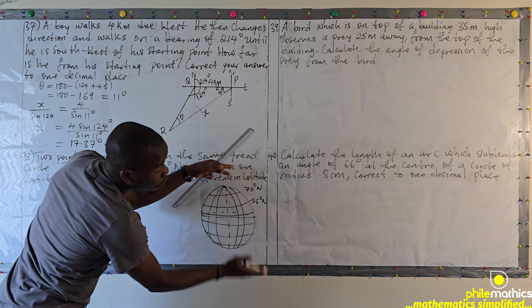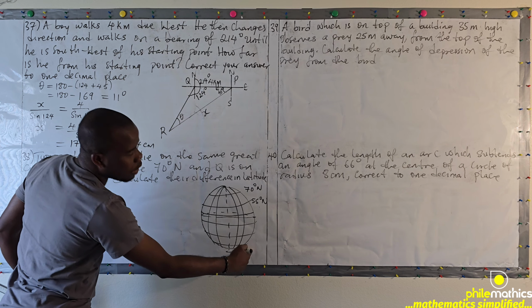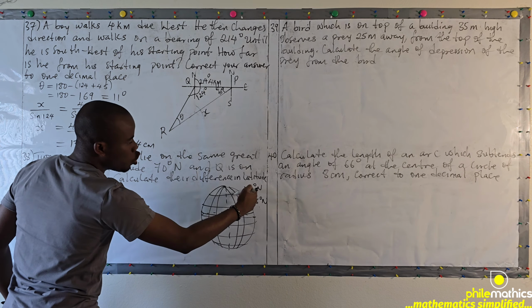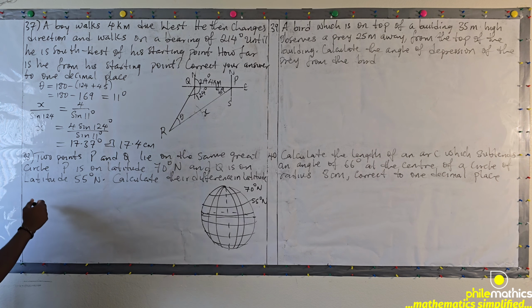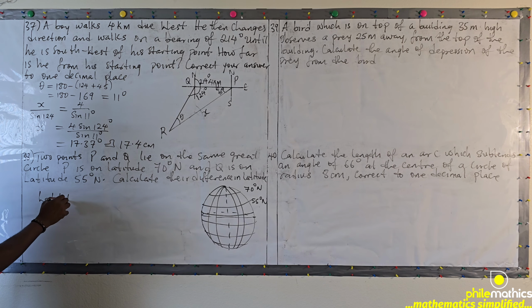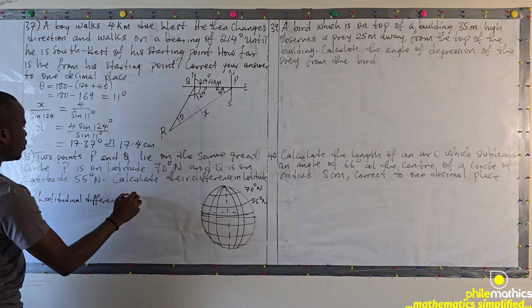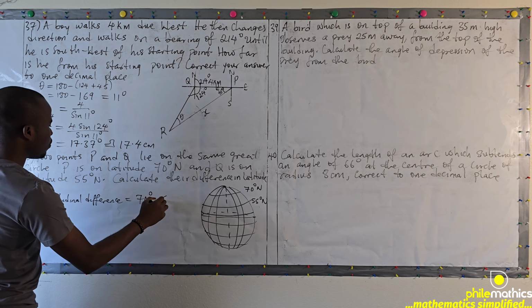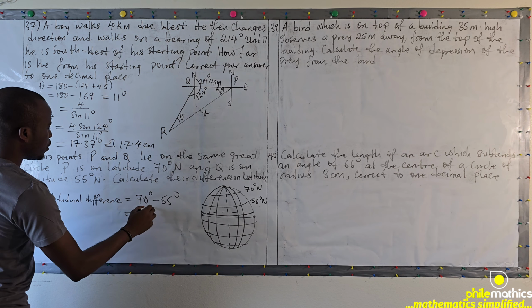But if we are on different hemispheres, we add. So assuming we have north and this is south, we add. But since we are both north or both south, we have to subtract. So their latitudinal difference is simply 70 degrees minus 55 degrees. This will give us 15 degrees.